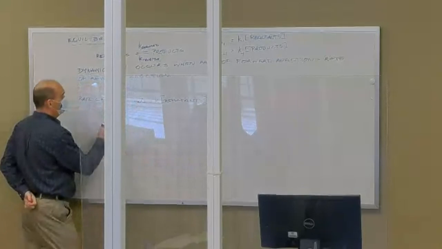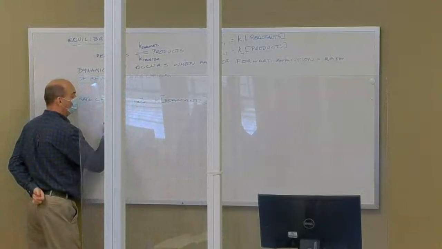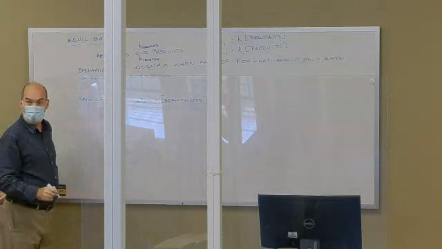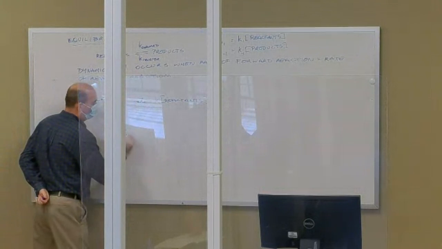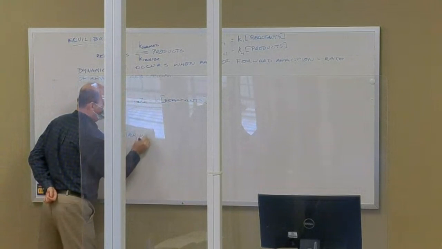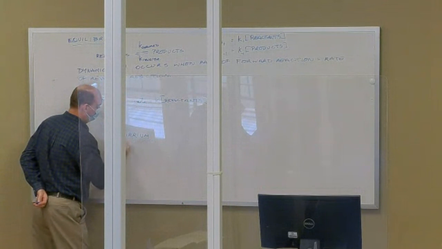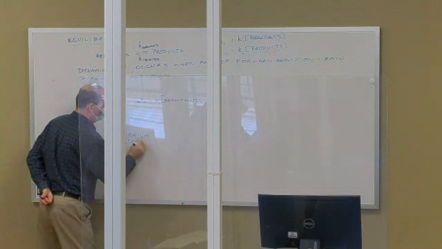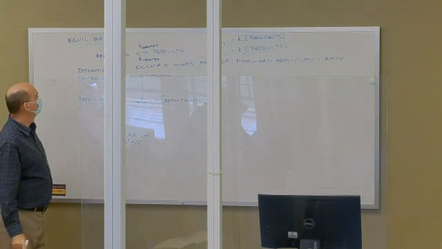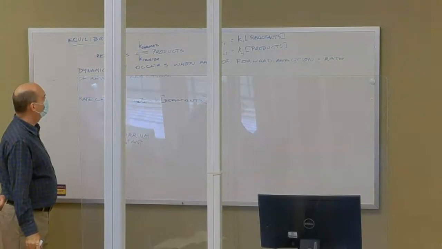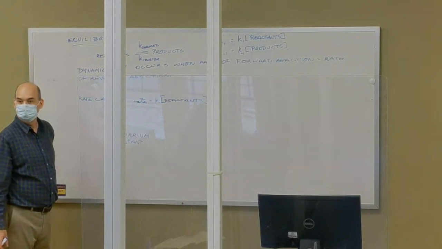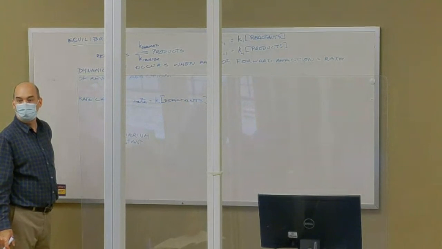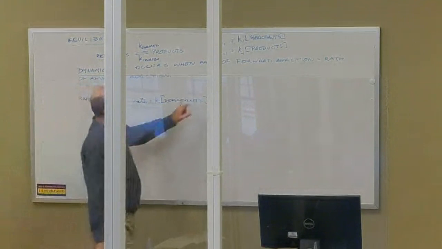And we're going to invent a new symbol, K. That's an uppercase K, which is our equilibrium constant. And it says, dynamic equilibrium occurs when the rate of the forward reaction is equal to the rate of the reverse reaction. The forward and reverse are the same.